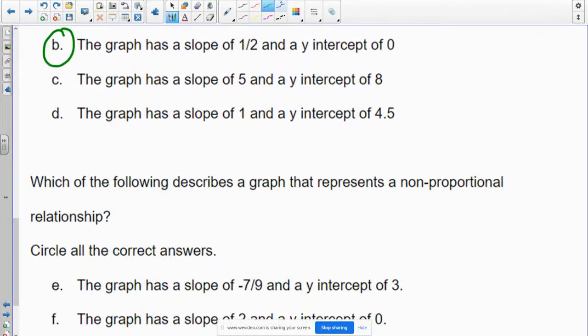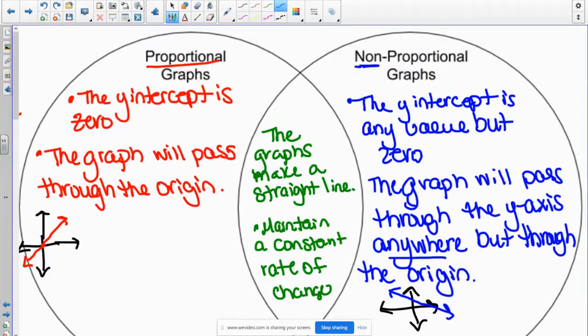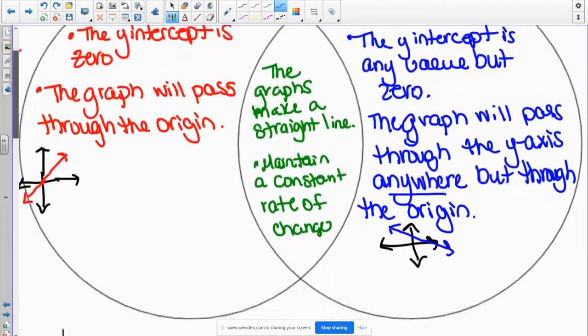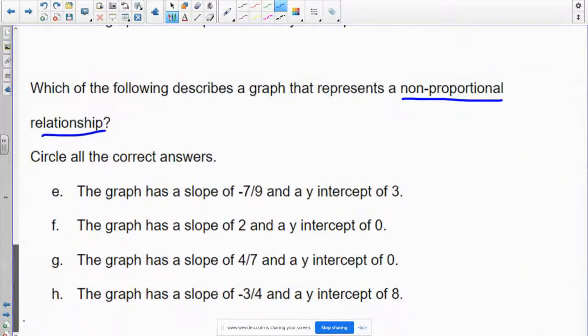The next question is, describe the relationship of a graph represented by a non-proportional relationship. So if we go back and look at our information up here, the y-intercept is any value but 0, and the graph will pass through the y-axis anywhere but the origin. So any y-intercept except for 0. Again, don't worry about the slope, but the y-intercept is 3.